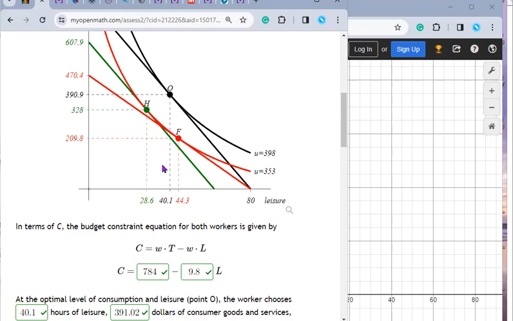When the substitution effect, green to red, dominates the income effect, black to green, what happens is leisure goes up in net, right? From O to F, leisure goes up.